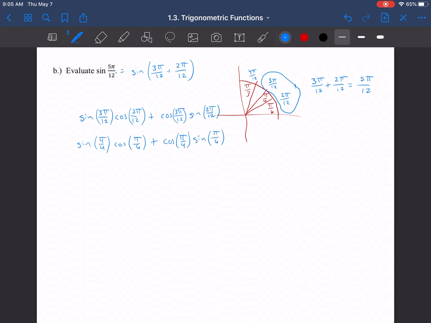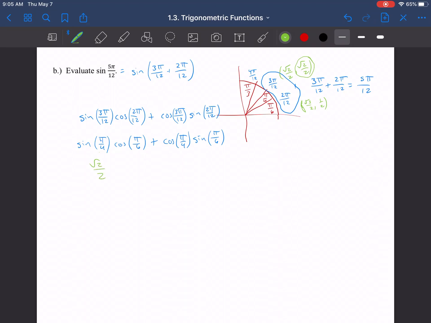And now that I have that, I should know pretty nicely from my unit circle that the coordinates here are square root of 2 over 2, square root of 2 over 2. And right here, it's square root of 3 over 2 and 1/2. So the sine of pi over 4 is just this value right there, square root of 2 over 2.